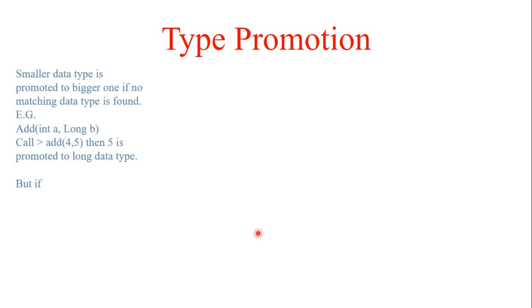Now the next question the interviewer asks you is, what is type promotion? When a smaller data type is by default promoted to a bigger one, since there is no matching data type found. For example, you have a method I've shown you earlier, add, with int a and long b. If you call it with 4, 5, then, remember the default video I have done, by default, if you write 4, 5, it is automatically taken as integer, int, by the Java compiler.